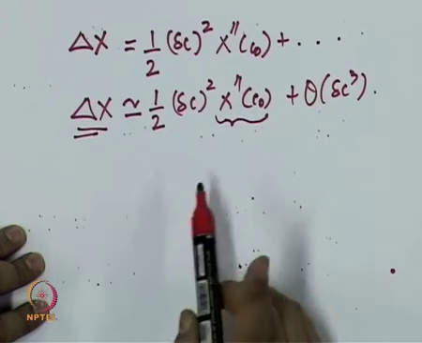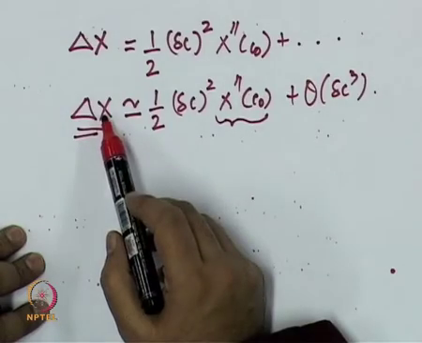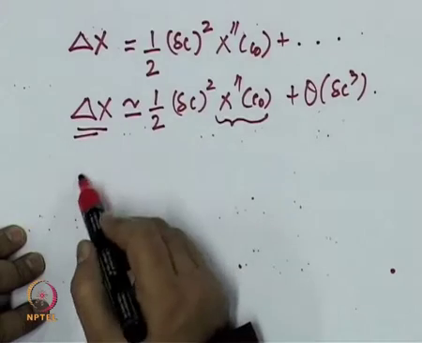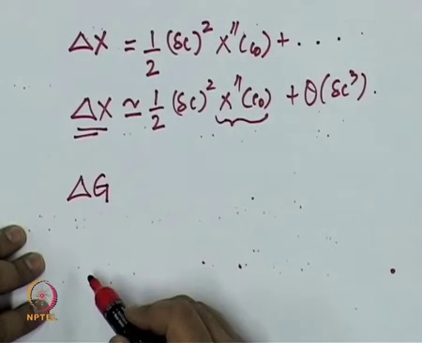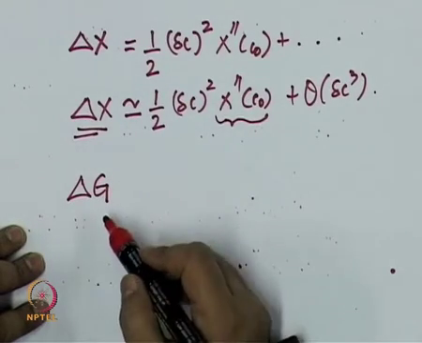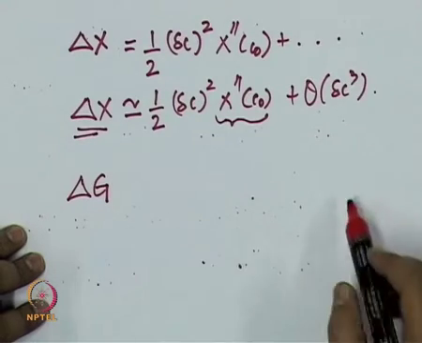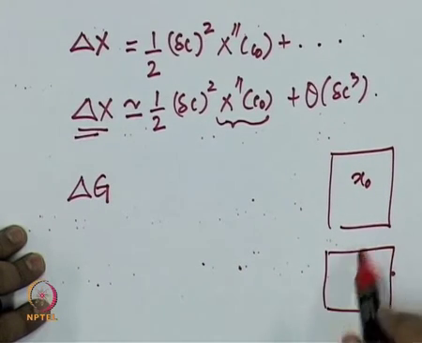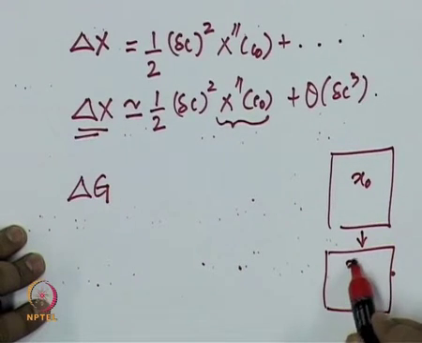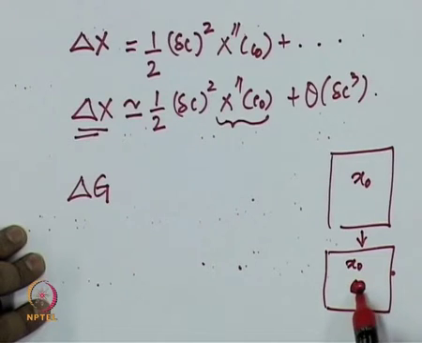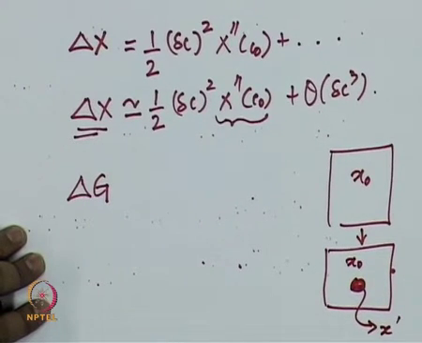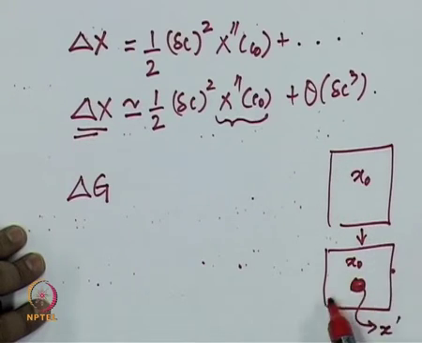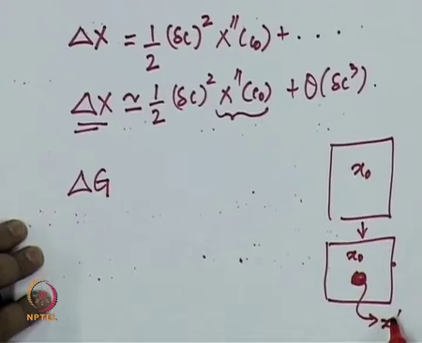Let me also now switch, because this is any general thermodynamic property. Let me say that I am looking at the free energy, then the delta G, the free energy change associated with producing, from a solution of x naught, a small region which has the composition x prime. From a solution of x naught, I am going to produce something which is at x naught and a small region with composition x prime.